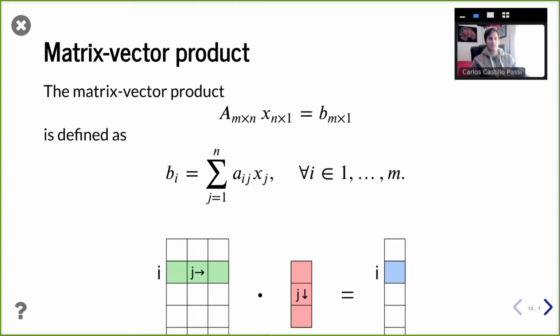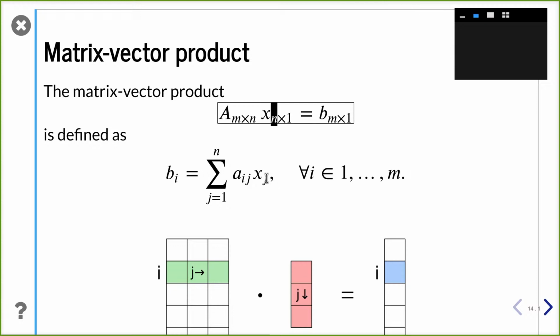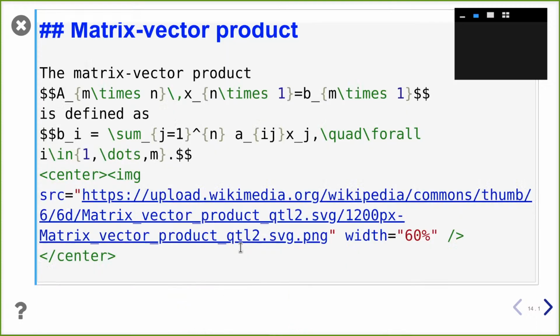Okay, so first of all, a matrix is just a vector that has more columns. It has m rows and n columns. This vector here, x, is just one column, and it has n rows, like the example here.